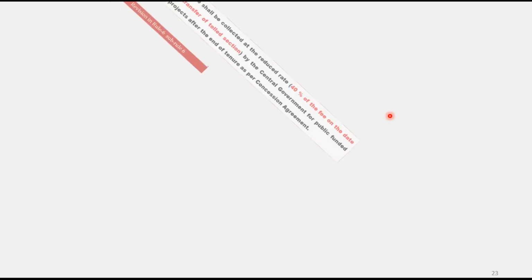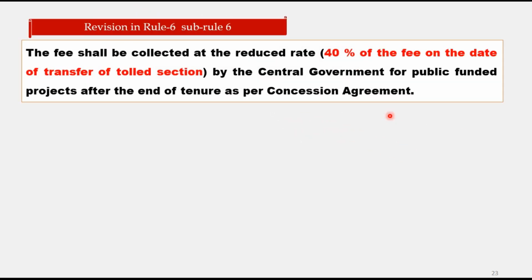And in Rule 6, Sub-Rule 6, it was also revised that the fee shall be collected at the reduced rate, that is 40% of fee, on the date of transfer of toll section by the central government for public funded projects after the end of tenure as per concession agreement.